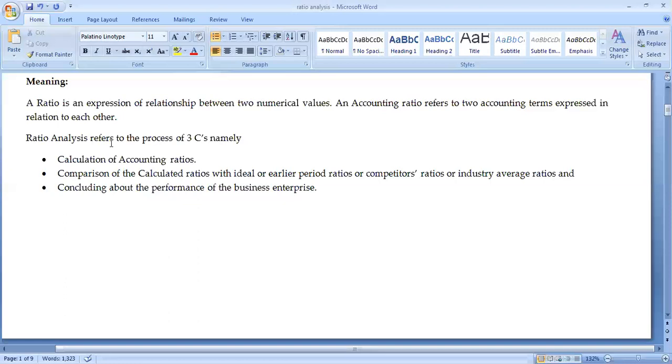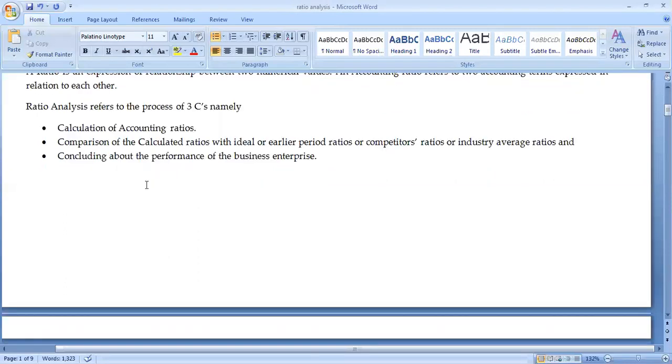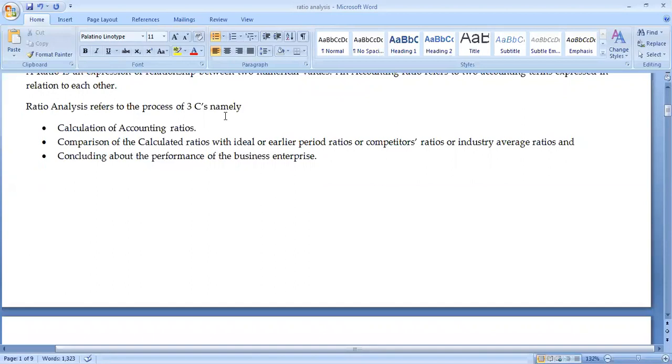Here, ratio analysis can be understood as the process of 3Cs. Which are the 3Cs we will learn. It is going to calculate the accounting ratios, and also compare the calculated ratio with the ideal or an earlier period ratio or competitors' ratio or industry average ratio, and also conclude about the performance of the business.